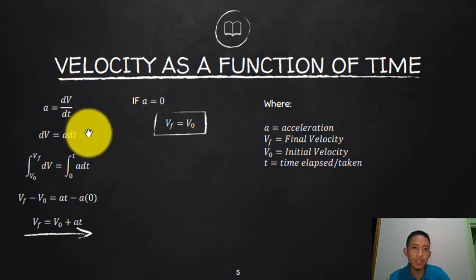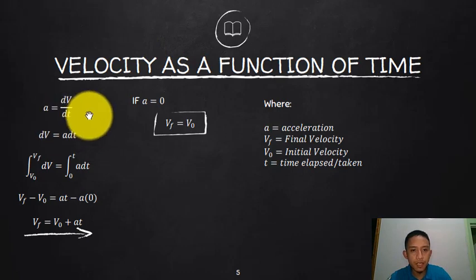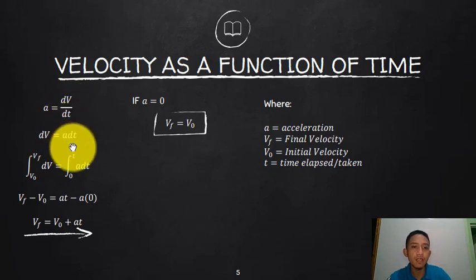That is where we will be deriving the relationship of velocity and time. If I cross multiply dt, it goes with a, and you will have dv = a dt. The derivative of v is equal to the acceleration times the derivative of time.